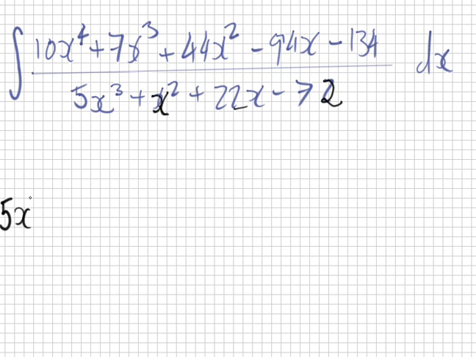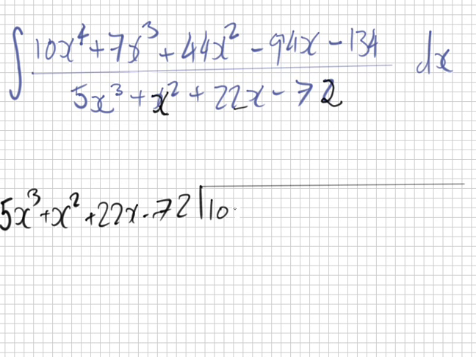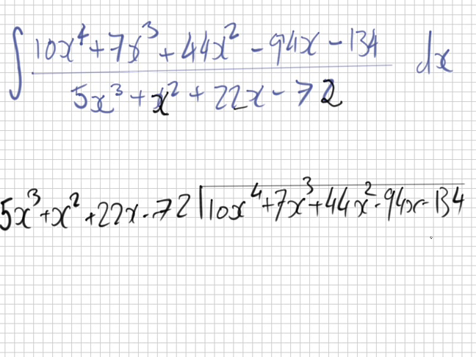So, first my long division. 5x cubed plus x squared plus 22x minus 72 into 10x^4 plus 7x cubed plus 44x squared minus 94x minus 134. So first thing I would need here would be 2x. That would make 10x^4 plus 2x cubed.